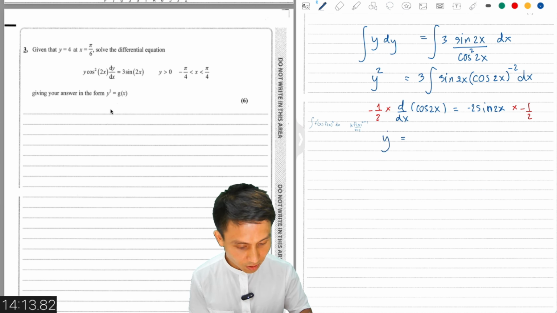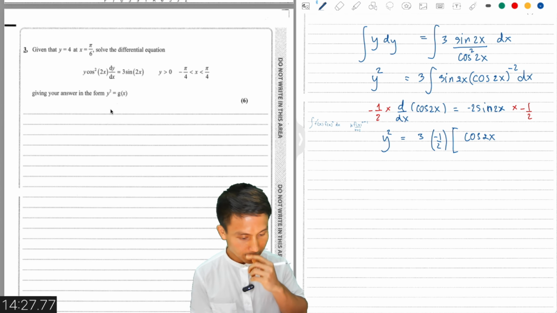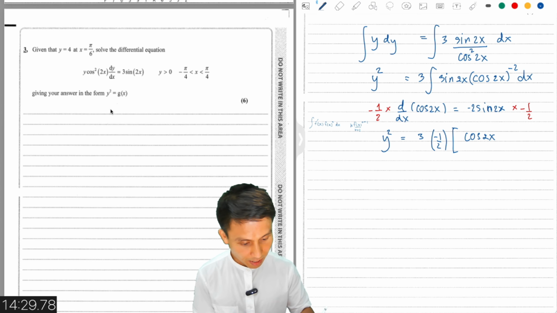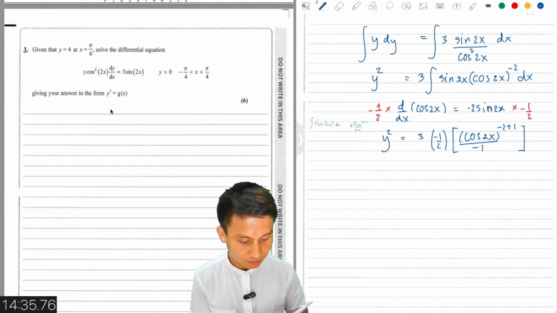So y squared will be equal to 3, and that's going to be minus 1 over 2, and then you have cos 2x to the power of minus 2 plus 1 over minus 1, because minus 2 plus 1 is minus 1.